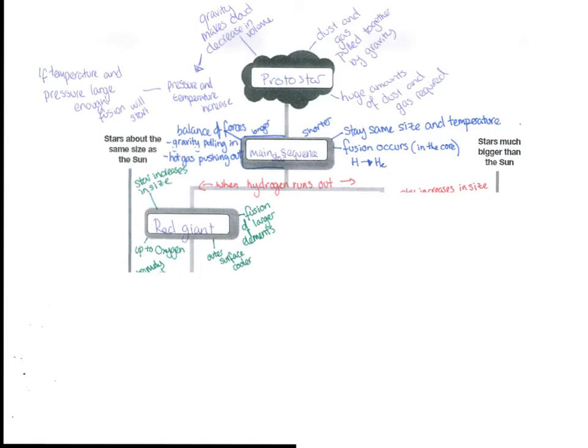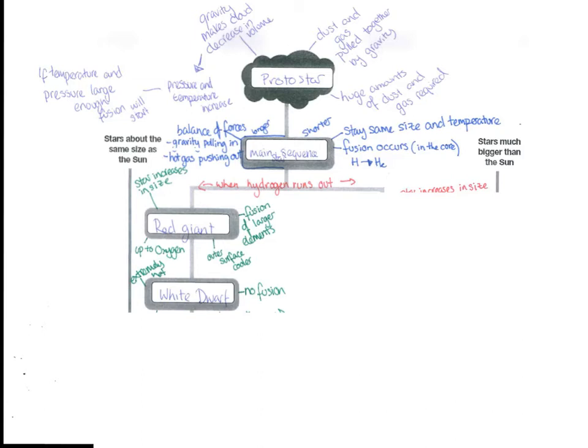So elements up to oxygen are formed by fusion in a red giant until all of the helium has been fused together and there is nothing left for fusion to take place on. When there is no material left in the red giant to fuse, it will change again into a white dwarf.